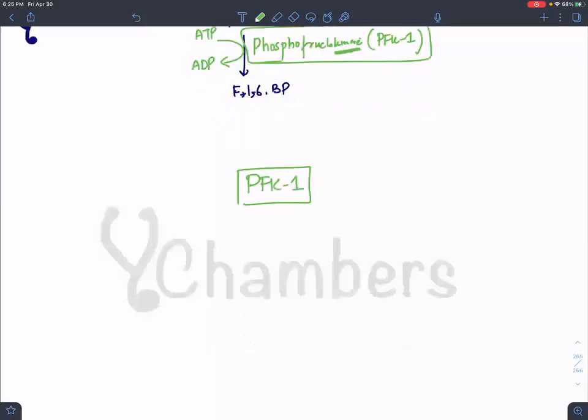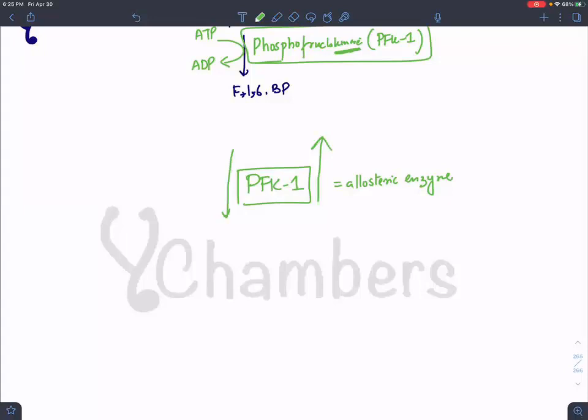This is an allosteric enzyme. What do we mean by allosteric enzyme? That means I can increase its activity and I can also decrease its activity. Its activity can be increased as well as decreased.